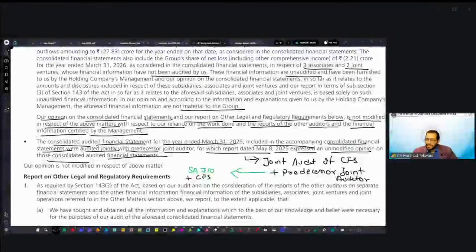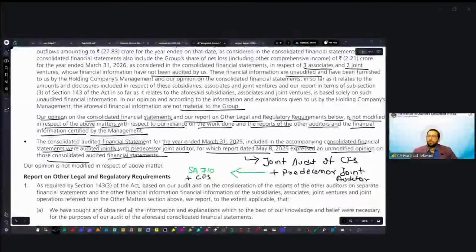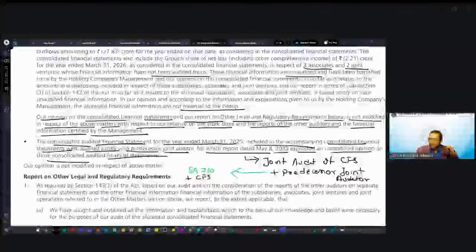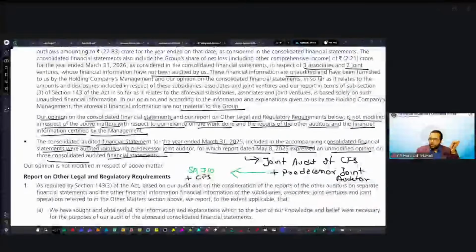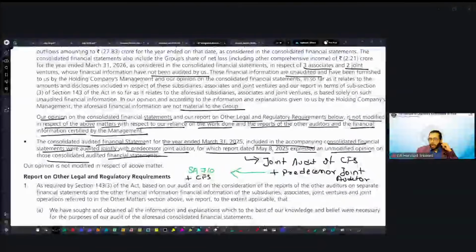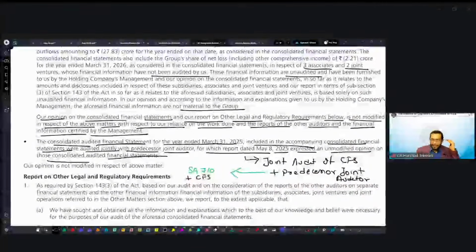Initial opening balance. Okay. See, over there also this SA 710 will be triggered, because if it's an initial audit engagement, that means there was a predecessor auditor in the picture. So 510 and 710 will go hand in hand.